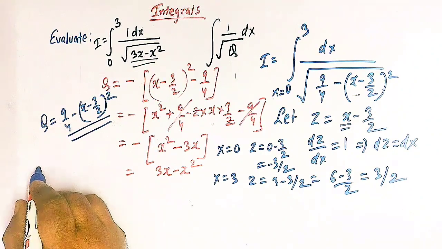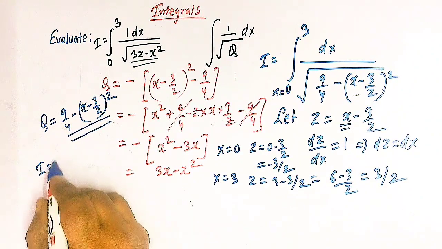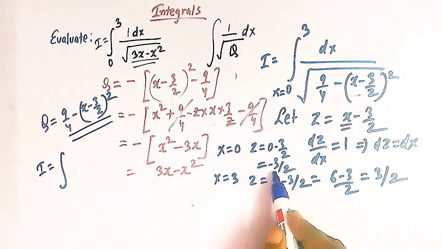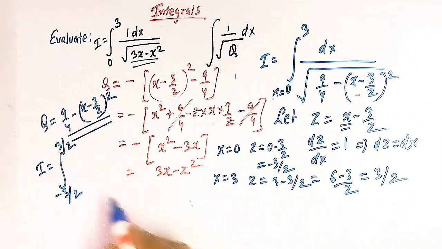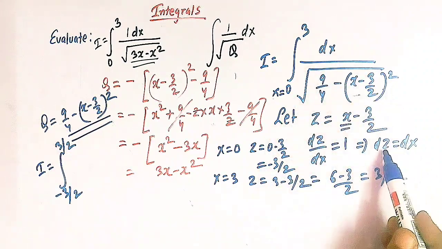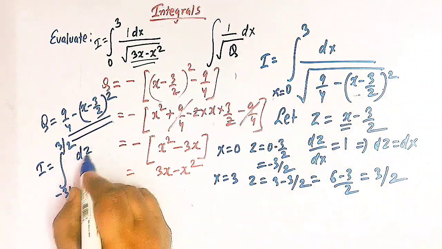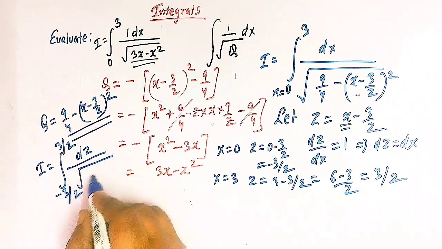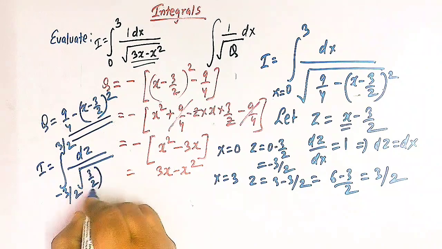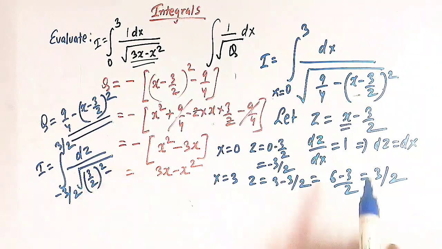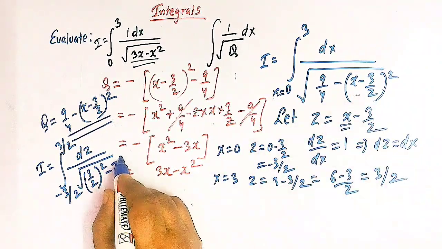So now the integral I can be written with limits from minus 3/2 to 3/2. For dx we write dz, and in the denominator we have the square root of 9/4, which can be written as (3/2)^2, minus z^2.